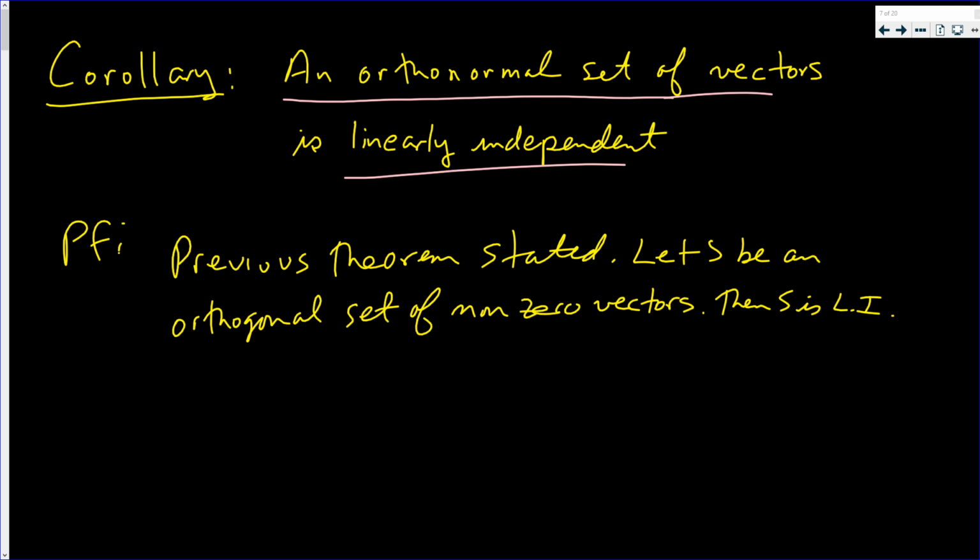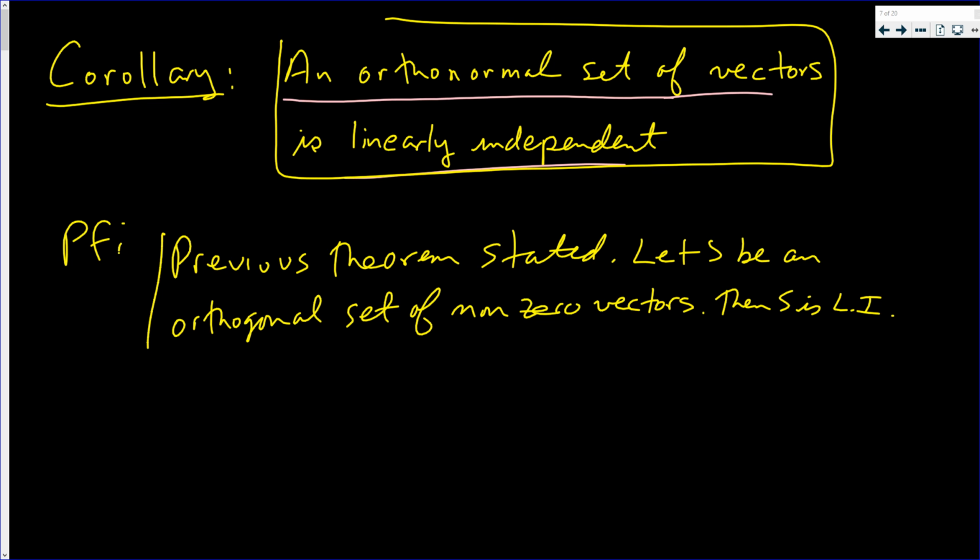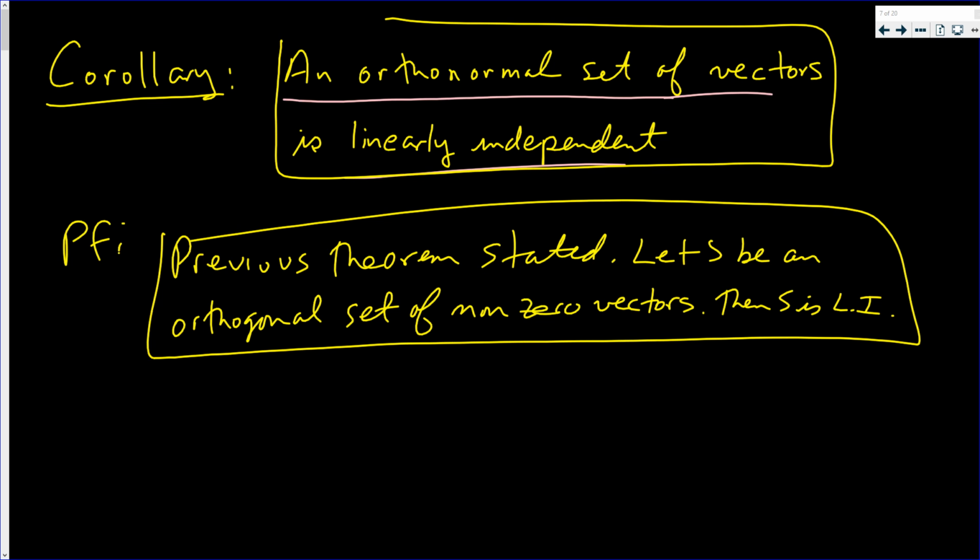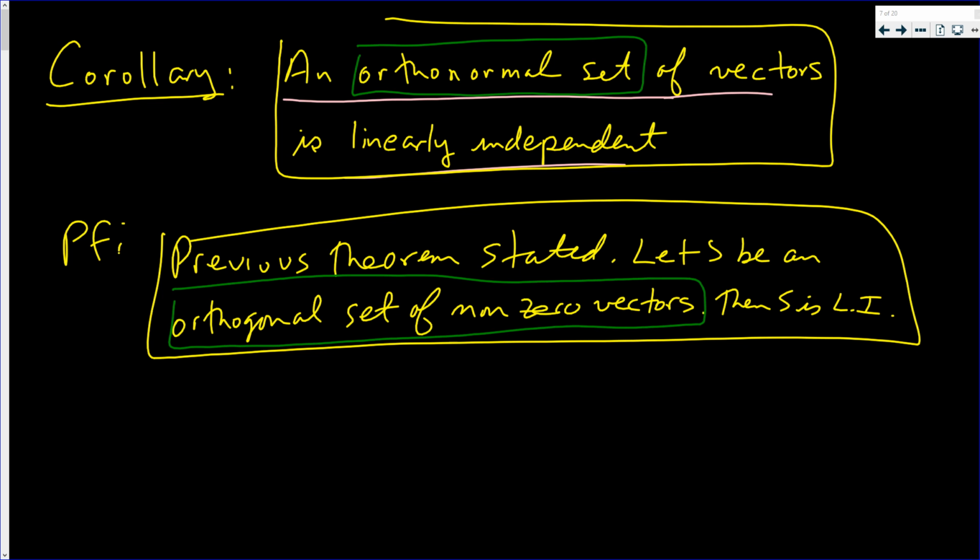So what is the difference between what we have here and the previous theorem? Well, I see two differences. Here we have an orthonormal set. I might have said orthogonal when I read it. I apologize. And down here we have an orthogonal set of non-zero vectors. And the proof for this theorem just really talked about two things.